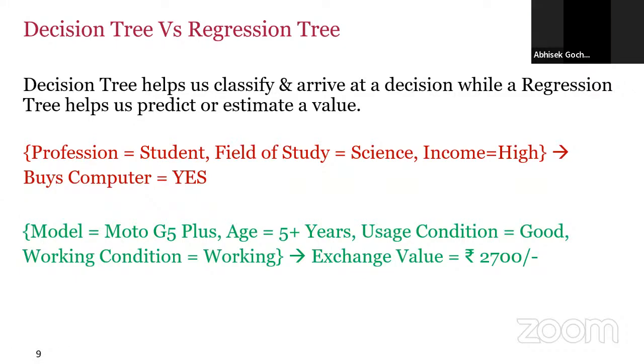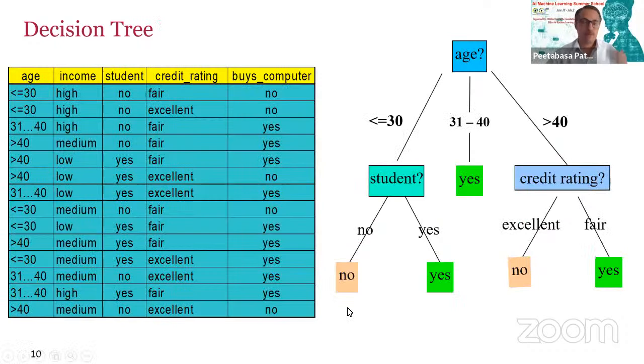That being said, let's look at how a decision tree happens. For example, here I have taken a sample data set with attributes like age, and age is a continuous variable. I could have ages of 1, 2, 3, 4 going up to 70, 80, 85, 100, 102, whatever. But for the sake of our classification, we try to put them into different buckets, and that's where we convert quantitative data to categorical data.